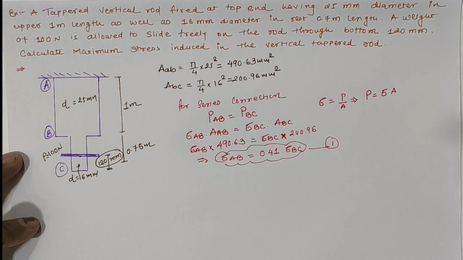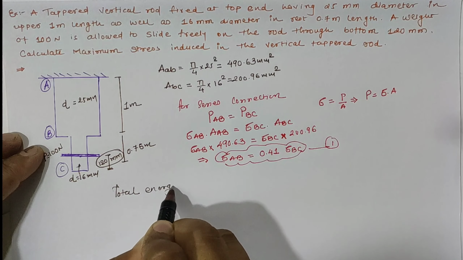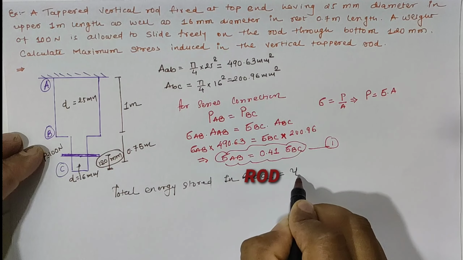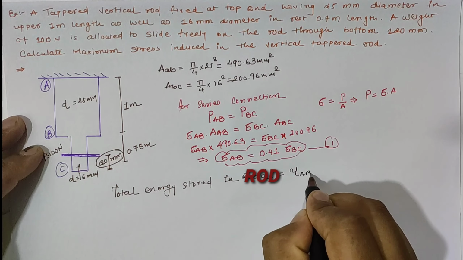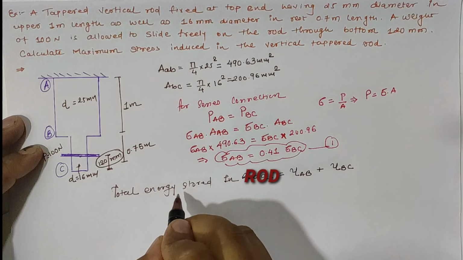Now, if we calculate the total energy stored in the rod, then we have to calculate the energy stored in the AB part plus the energy stored in the BC part.